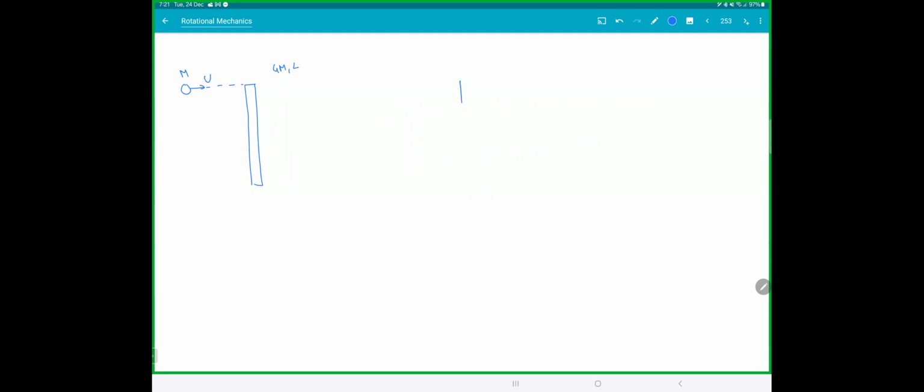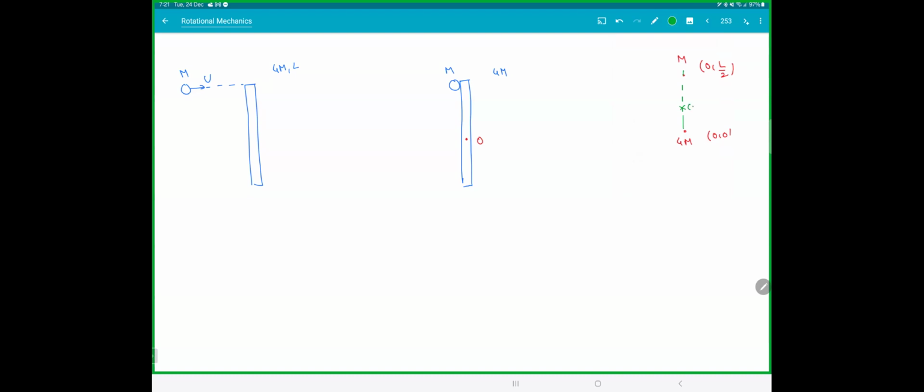Now you need to ask yourself, where is the center of the system actually? It's not the center of the rod. If this is M, this is 4M. If this is the center, let's call it O. Where is the center of mass? So this is M, this is 4M. If I take this as 0, this is 0, L by 2.